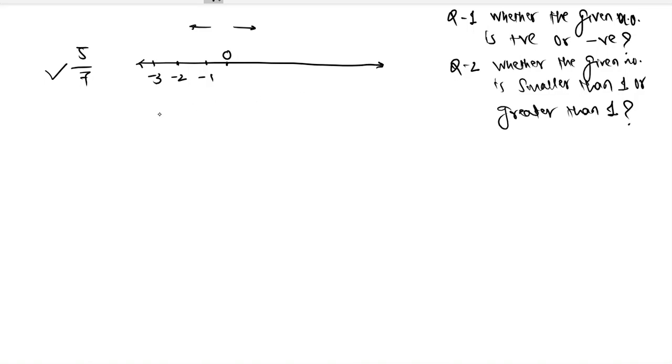To determine whether the given number is smaller than 1 or greater than 1, we look at the numerator as well as denominator. If numerator is smaller than denominator, in this case it is like that, 5 is smaller than 7, then the number is smaller than 1. So if the numerator, NR means numerator, is smaller than denominator, then the given fraction is smaller than 1.